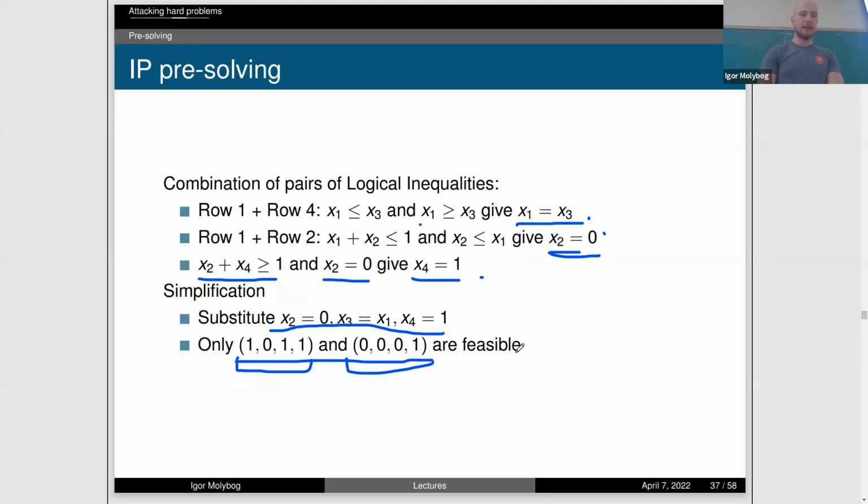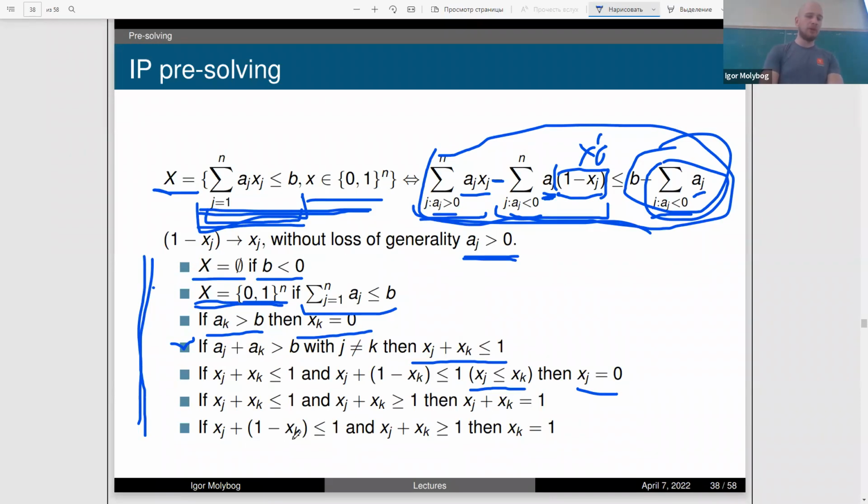And if xj plus 1 minus xk, which is basically saying that xj is less than or equal to xk, and xj plus xk is greater than or equal to 1, then xk is equal to 1.